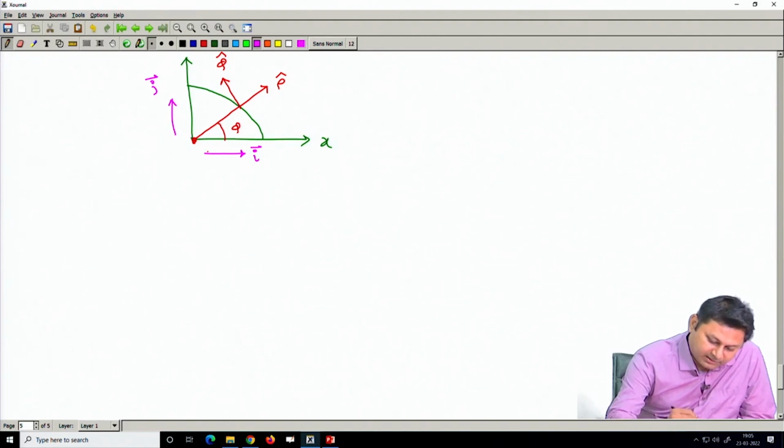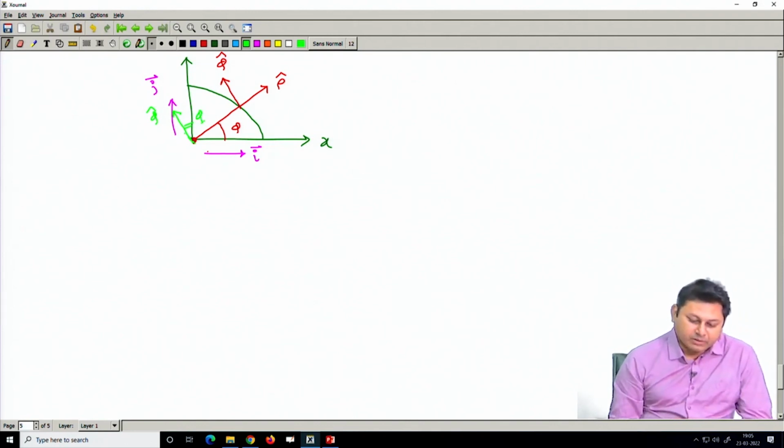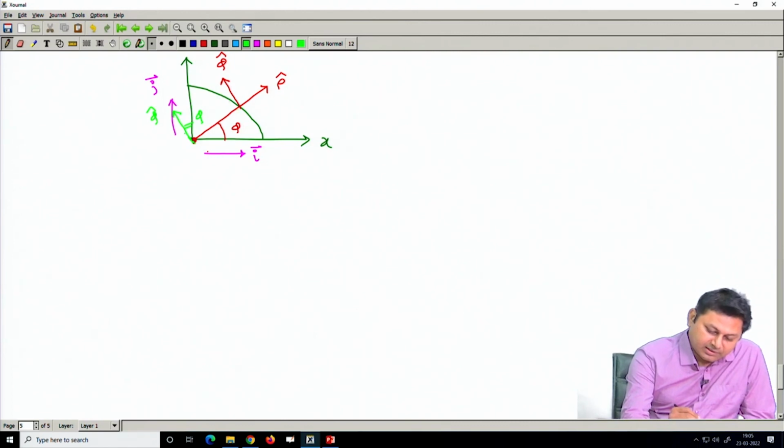So, I can replace this phi unit vector here to make it more convenient. So, I just replace it at this point. And if this angle is phi, then this angle has to be phi, because if you change it, the tangential point is going to change, and if it is 0, then this will be along this direction. So, that is why this angle is phi, and this is the phi unit vector.